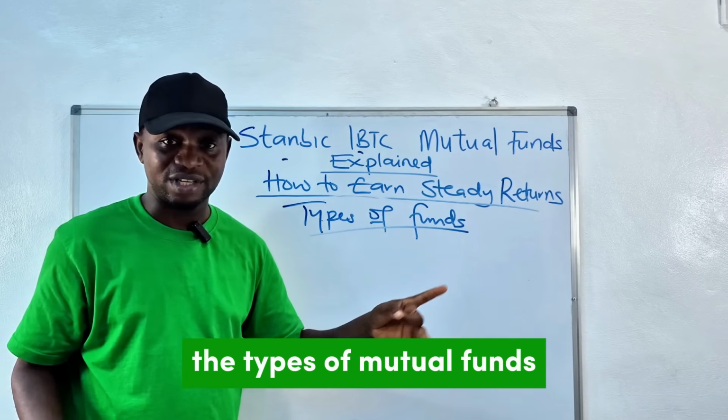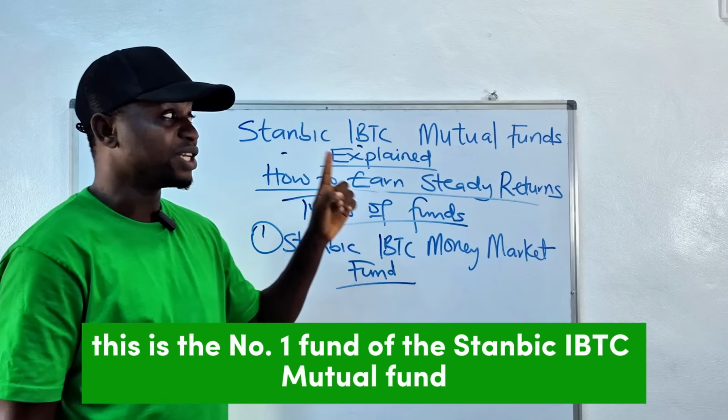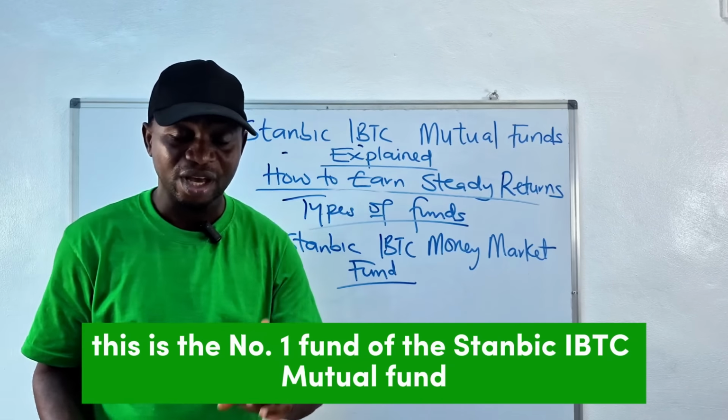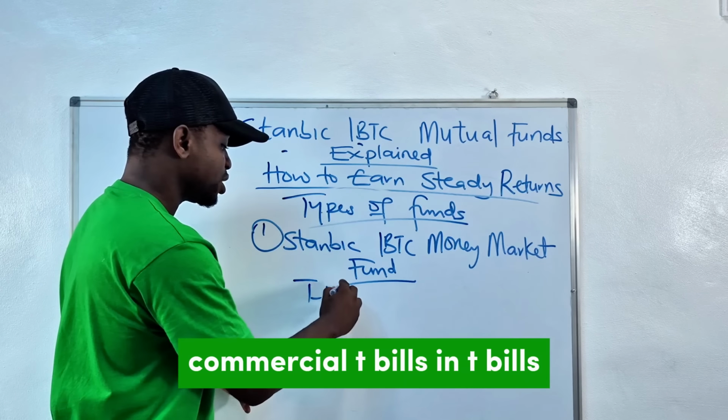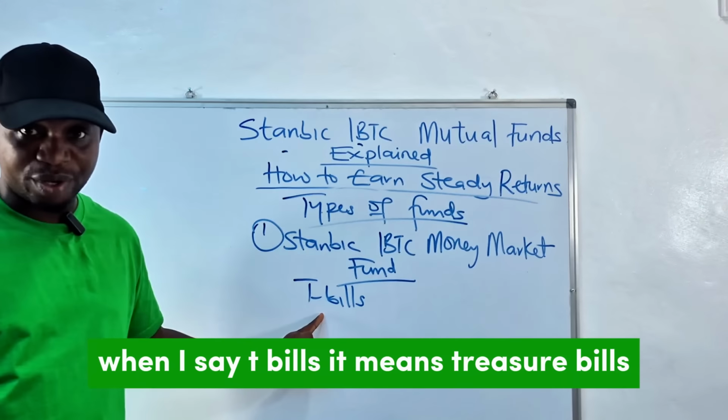The first one is the Stanbic IBTC Money Market Fund. This is the number one fund of the Stanbic IBTC Mutual Funds. If you are new to investing or just want your money somewhere safe, you should start here with the Stanbic IBTC Money Market Fund. These funds invest mainly in treasury bills, which means T-bills. Also, commercial papers.